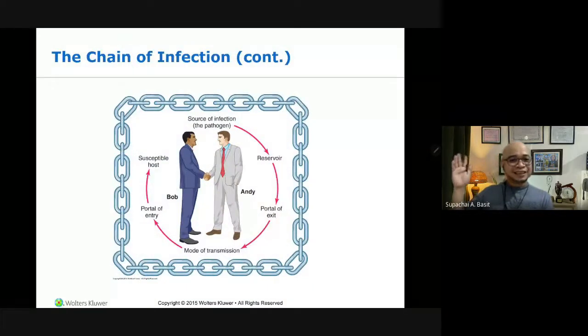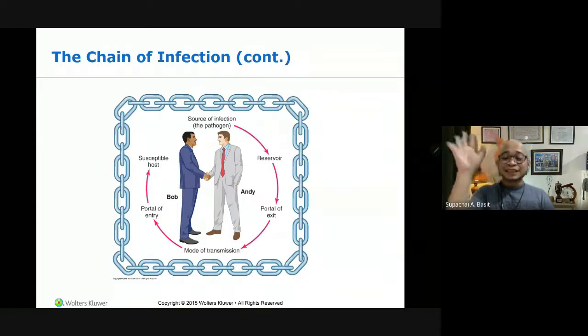Imagine Bob here is the susceptible host, while Andy is the reservoir. Meaning to say, Andy is infected. Before he shook Bob's hand, Andy actually sneezed using his mouth.